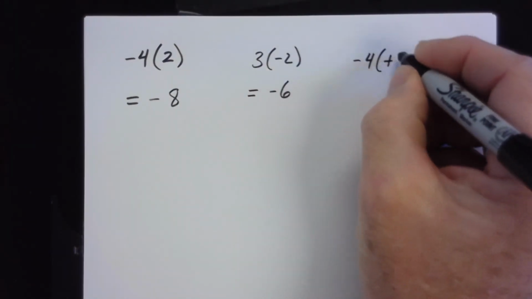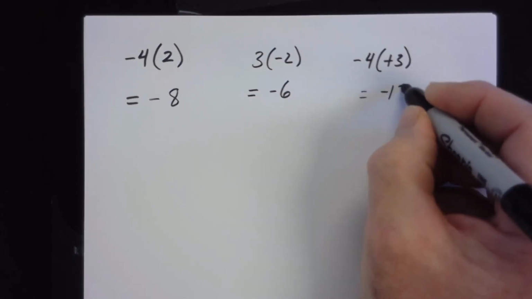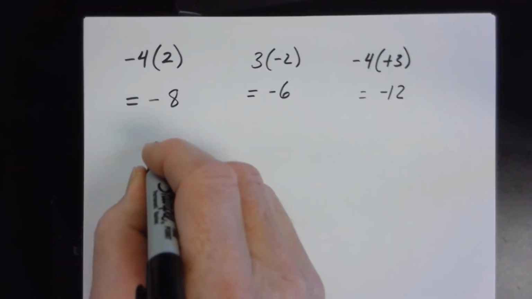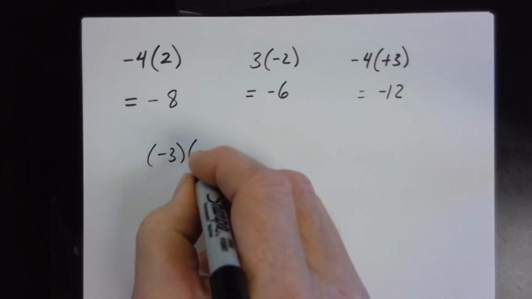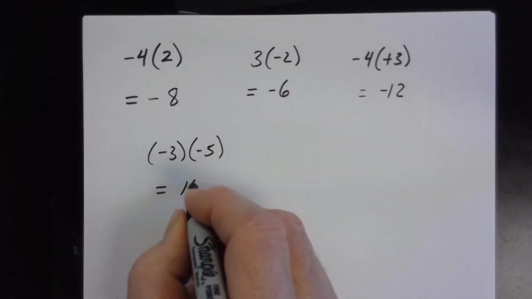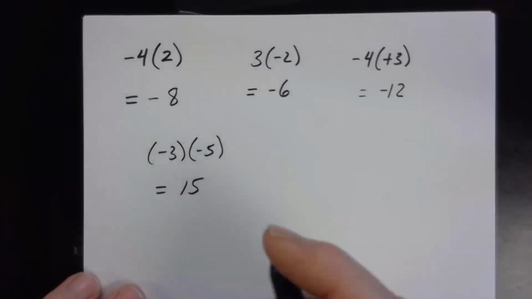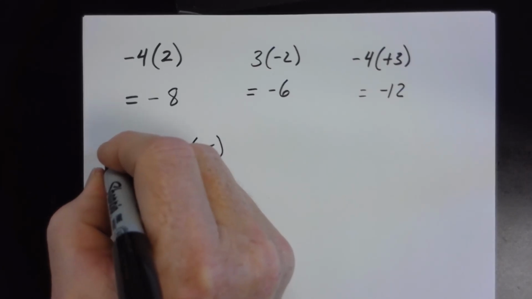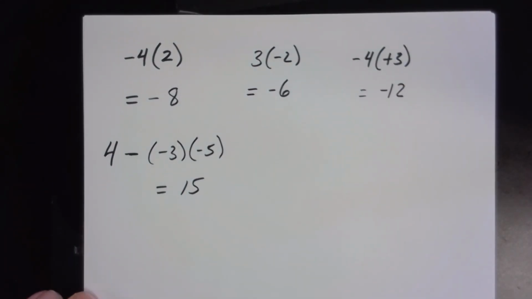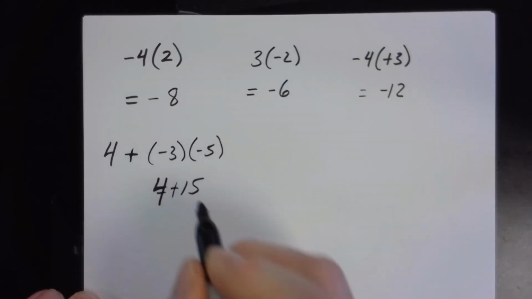Negative 4 times positive 3, negative 12. Negative 12, okay? We can have both of them in parentheses, positive 15. And I don't usually write the positive, but if this said 4 subtract that, or 4 plus that amount, then I would want to put down a positive 15.